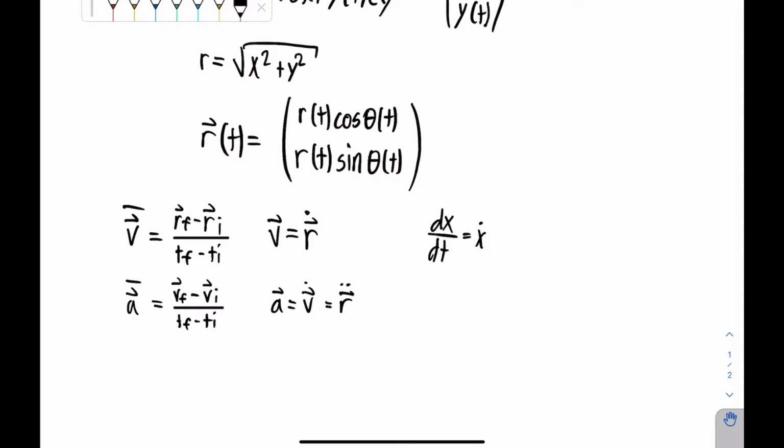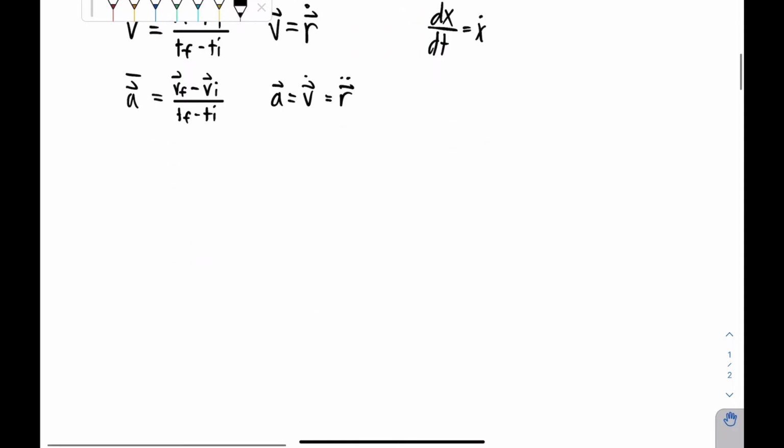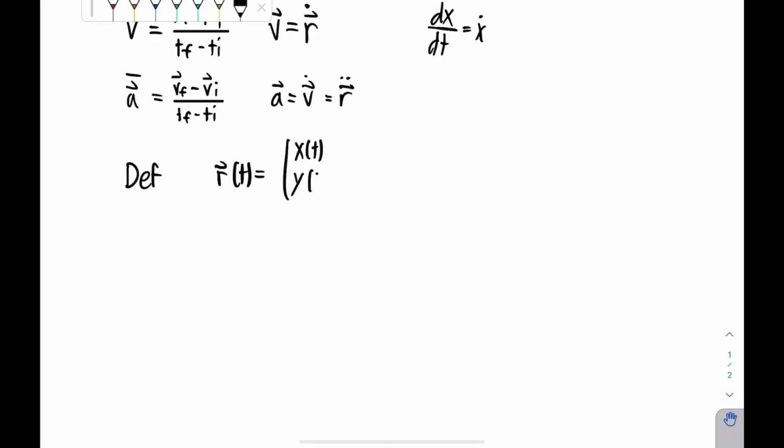Using the vector notation, we can find the following relationships such that we have r of t is equal to x of t, y of t. V of t will be equal to x dot of t, y dot of t, because we can take these derivatives component-wise.